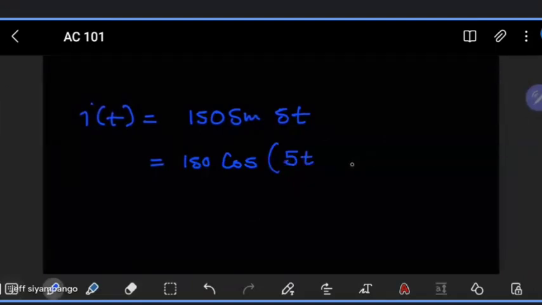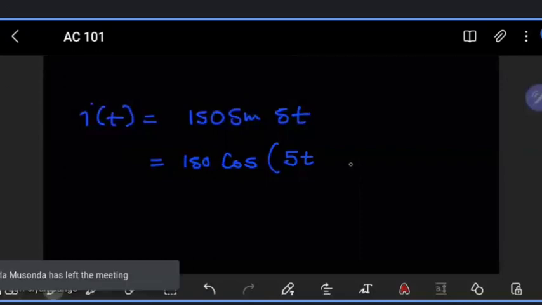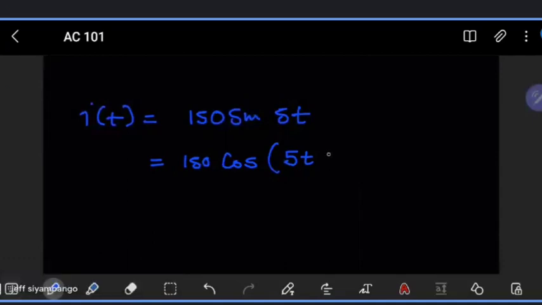Do you want to have plus or minus? Which one do you want to use here? So you can use plus 270. It works. Or you can say 5t minus 90.